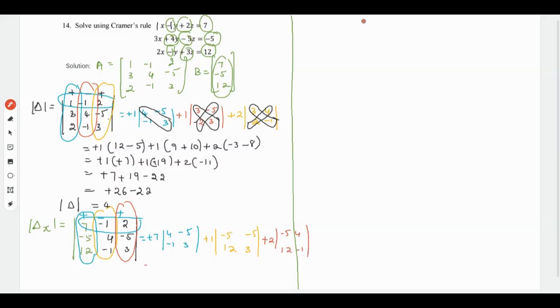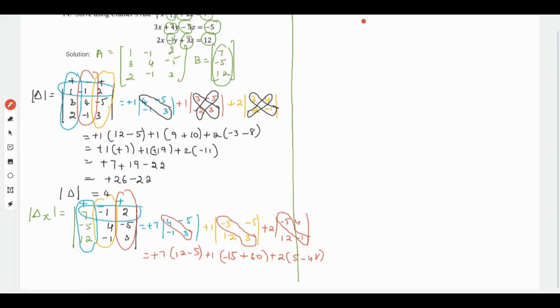So now if you simplify this, we get plus 7, 7, 4 2s, 4 3s are 12, minus of minus will become plus, 5 1s are 5, plus 1 into 3 5s are 15, that will be minus 15, minus 15 plus 12 5s are 60, minus into minus become plus, then plus 2 into minus into minus is plus, 5 ones are 5, minus 12 into 4 is 48.